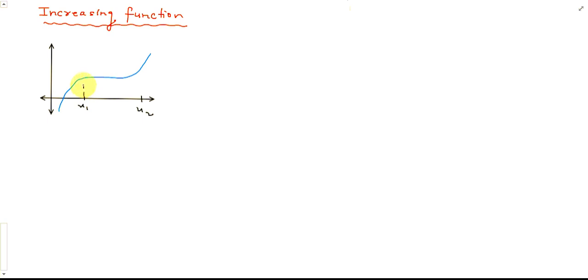For x1 the value is f of x1, and for x2 the value is f of x2.